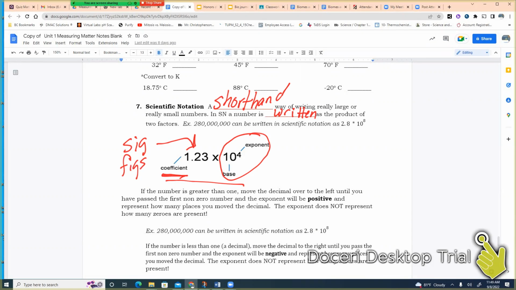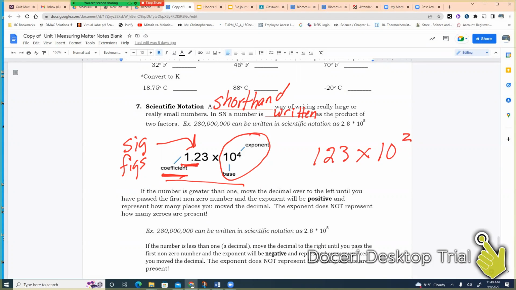So when you've done it correctly and you moved your decimal either backwards or forward, you should only have one number in front of your decimal. In other words, if I wrote this as 123 times 10 to the second, that's not truly written in scientific notation, because it should have just one number before the decimal.